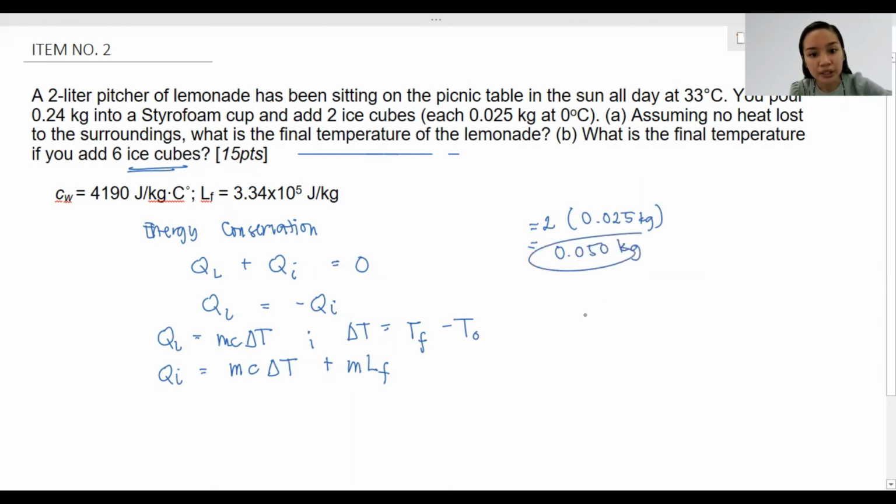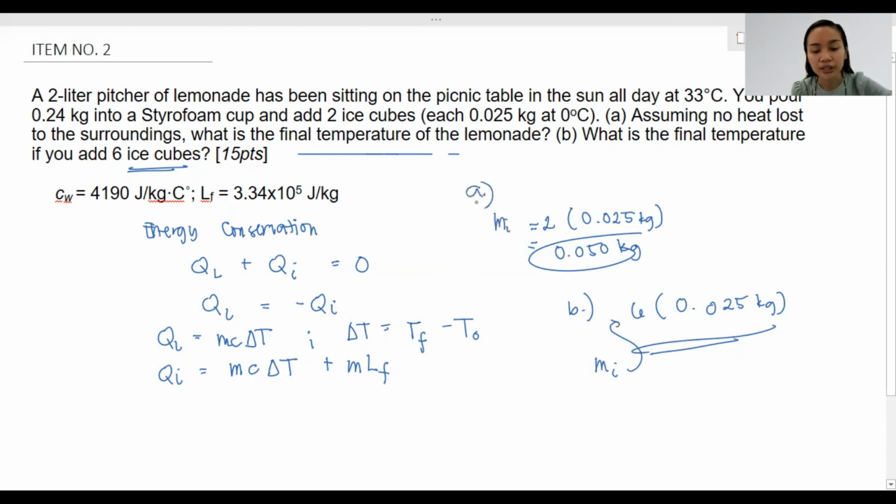Now for letter B, since meron tayong 6 na ice cubes, you multiply it by 0.025 kilogram and use this as your mass for the ice for letter B. Ito yung mass for the ice natin for letter A. So I hope nabigyan kayo ng understanding doon sa kung paano isolve yung problem.